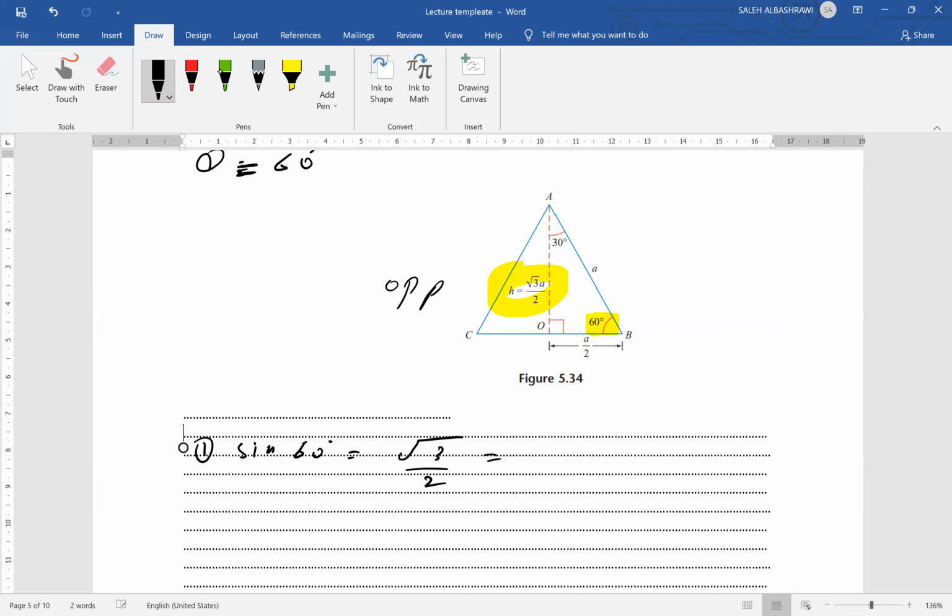And actually, this is equal to cosine of 30. Sine 60 equal to cosine 30. Same thing for the cosine. Cosine of 60, which is equal to the adjacent divided by the hypotenuse, I will have 1/2. And this will be equal to sine of 30.